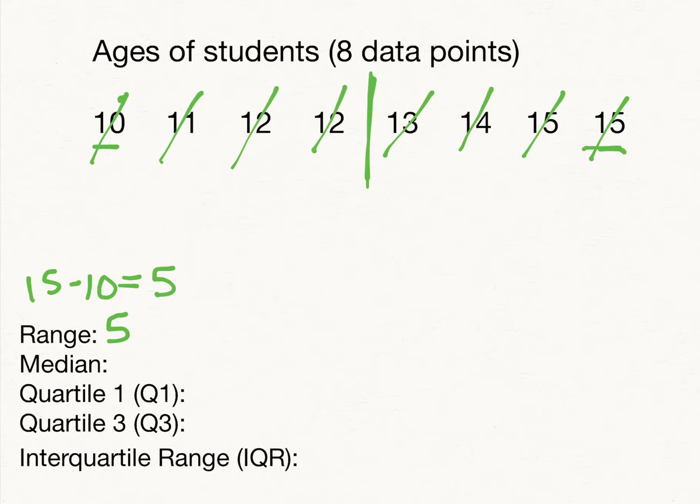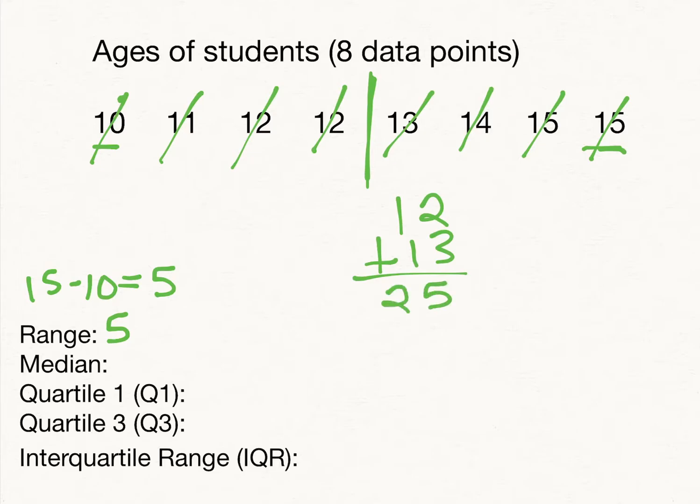I want you to think about that while I find the average, or the mean, because if you're not sure what's right in the center, you can always find the average or the mean to calculate it. For this situation, that would be 12 plus 13, which gives you 25.